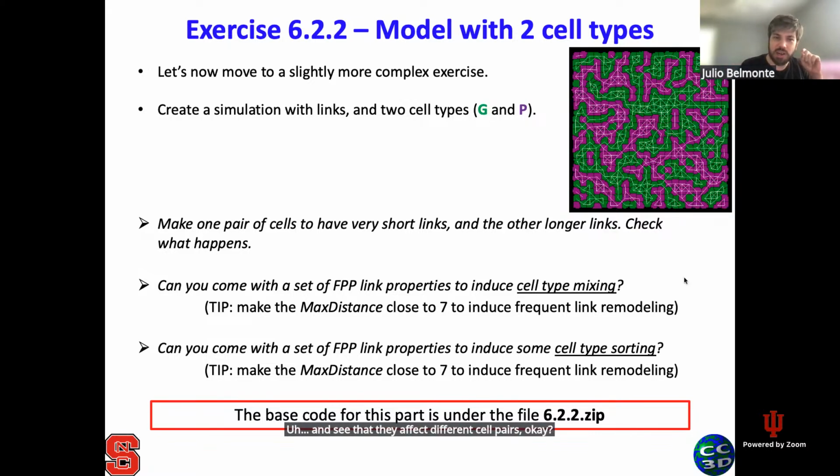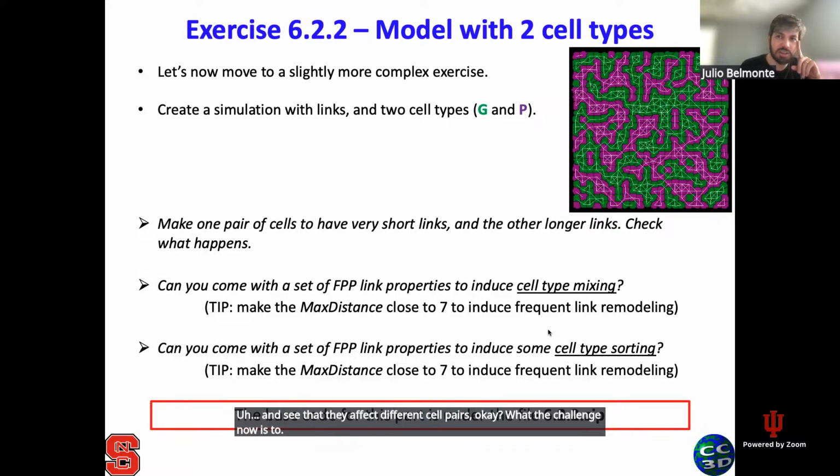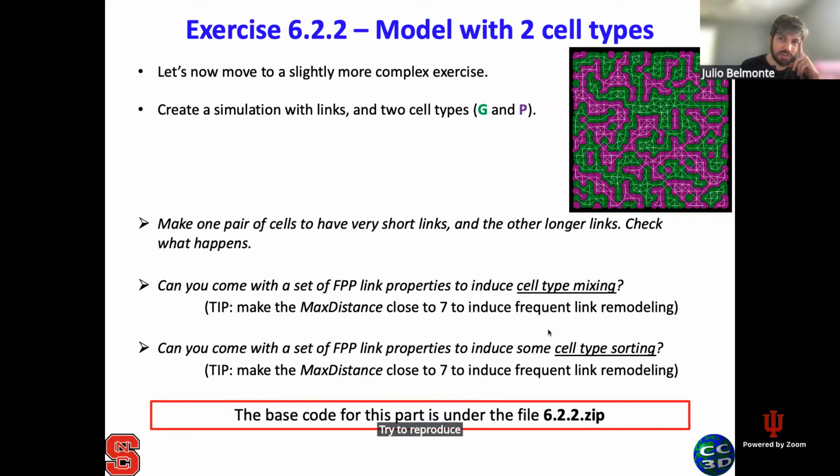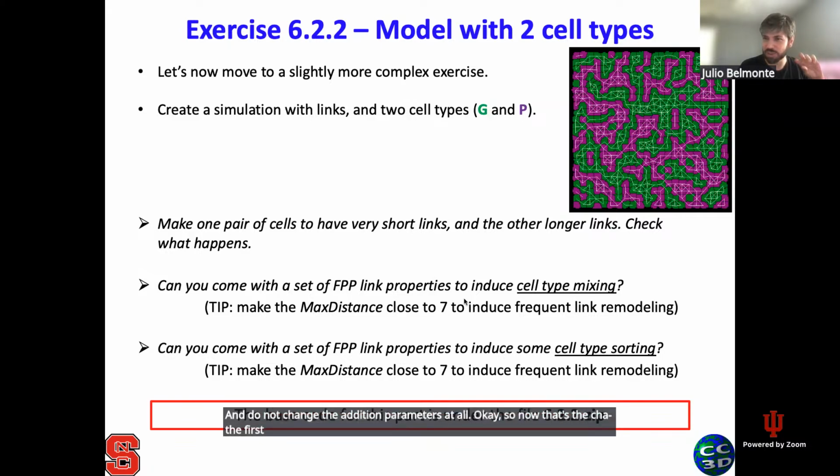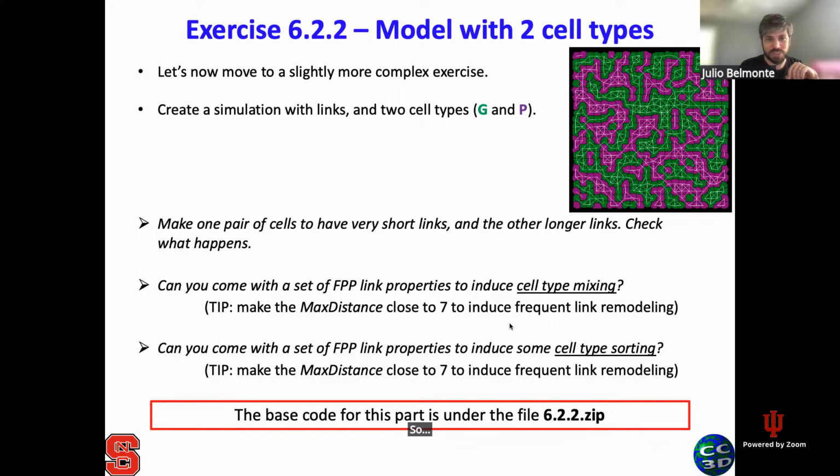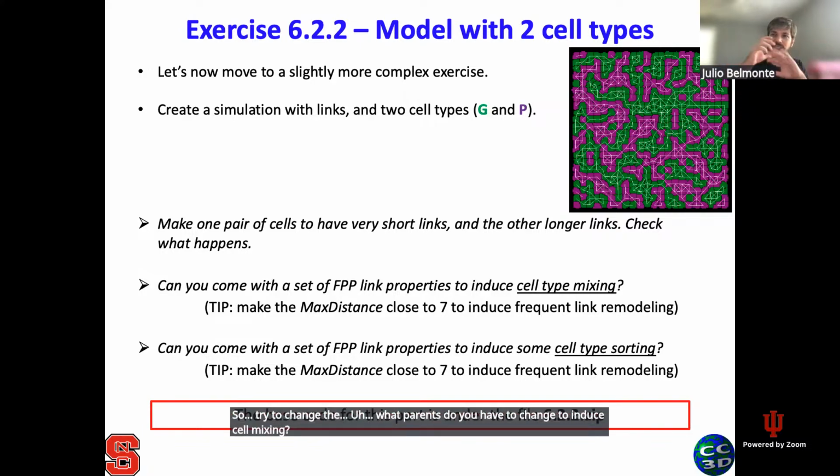The challenge now is to try to reproduce the results of cell sorting and cell mixing with only links, and do not change the adhesion parameters at all, okay? Cell mixing is easier to get. So try to work out what parameters you have to change to induce cell mixing and get that checkerboard pattern.